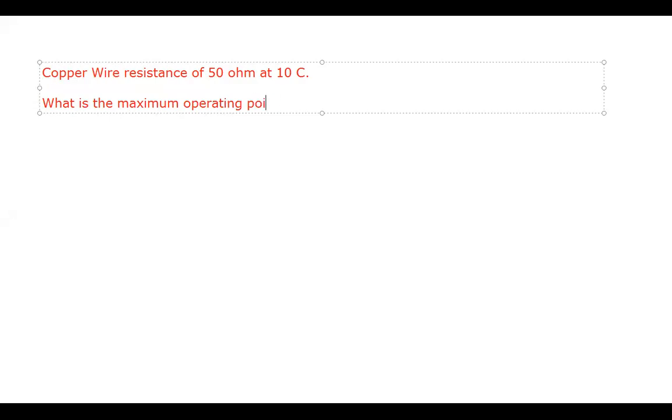What is the maximum operating temperature if the resistance of the wire is to be increased by 20 percentage?